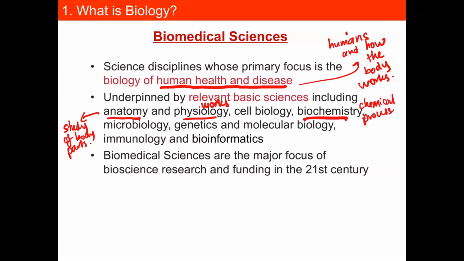And then we have microbiology, which focuses on microorganisms. Genetics, focusing on DNA. Molecular biology, focusing on biological molecules. Immunology, your immune system. And bioinformatics, which has to do with the statistical analysis of biological functions.